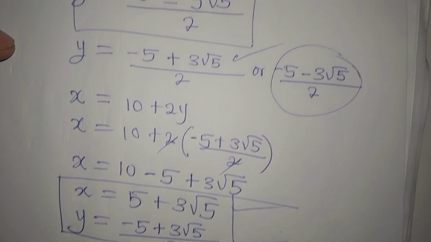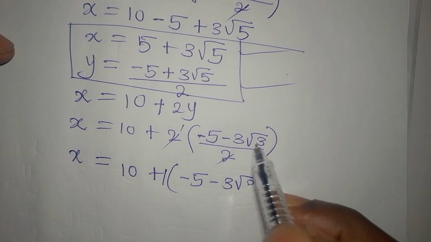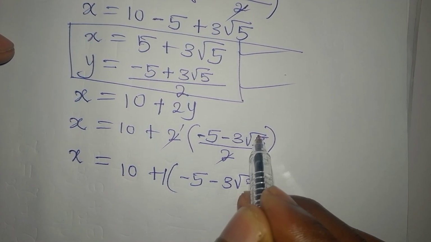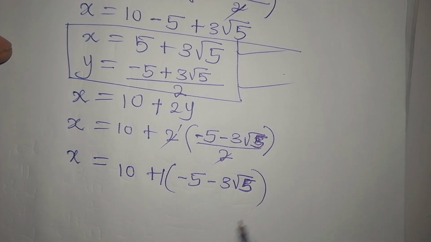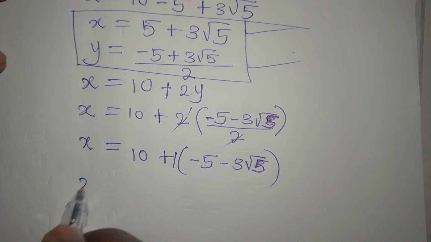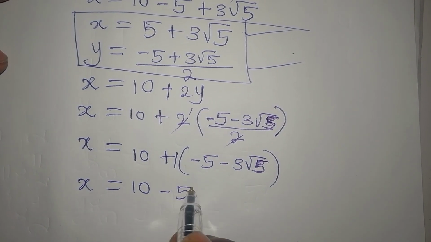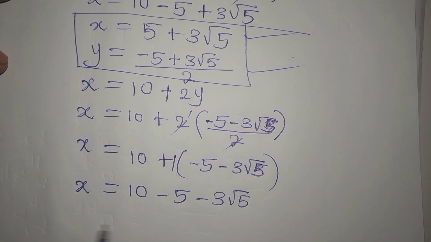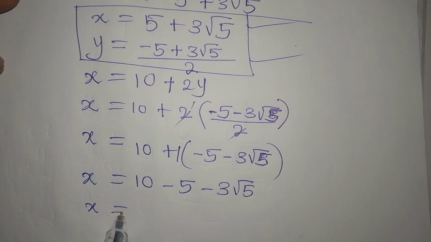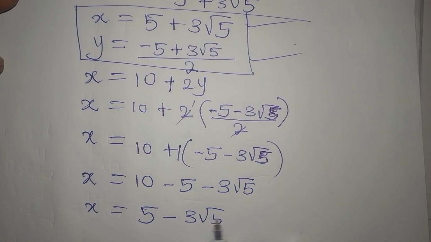Okay, it's 5 over there, so it's root 5. So we have 3 root 5. Close that. So x will now be 10. This times this is minus 5. This times this is minus 3 root 5. So our x will now be 5 minus 3 root 5.